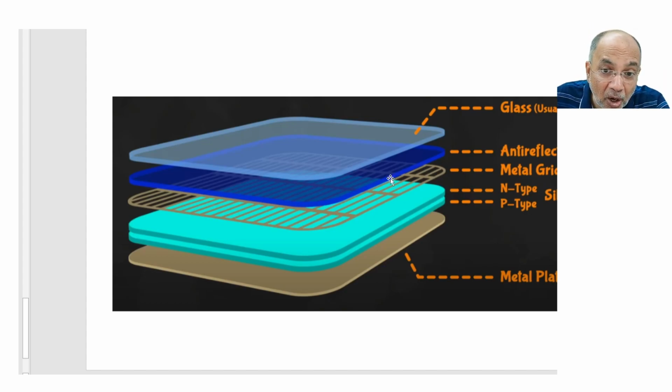That is, the upper part is very delicate. First, a metal grid is there to connect it to the conducting wire, and then anti-reflection coating is there, and then glass is there to protect it. And the lower part doesn't need any protection. So the only metal plate for electrical conduction. So you'll get one solar cell.